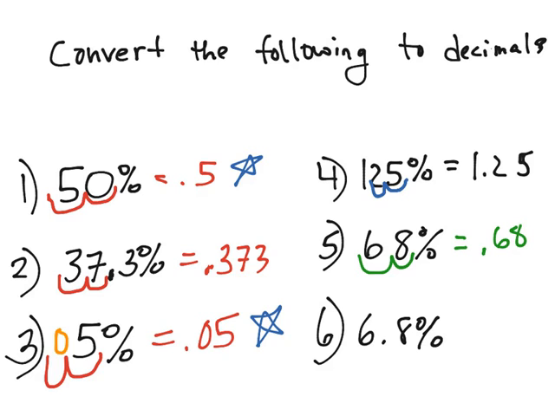Okay, and finally, the last one, 6.8%, we have to be very careful with. We move the decimal point that's over here now twice, and once again, we have an empty cup, and we need to fill that empty cup with a 0. So 6.8% is 68 thousandths.